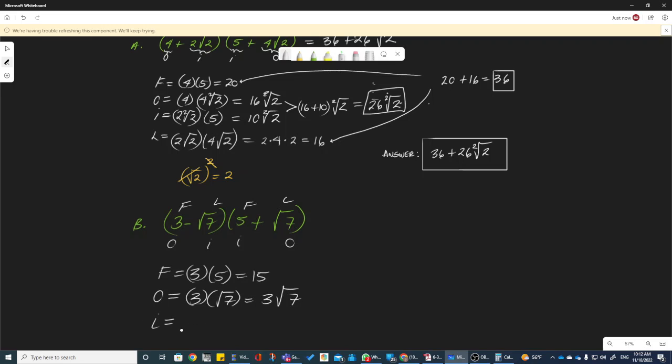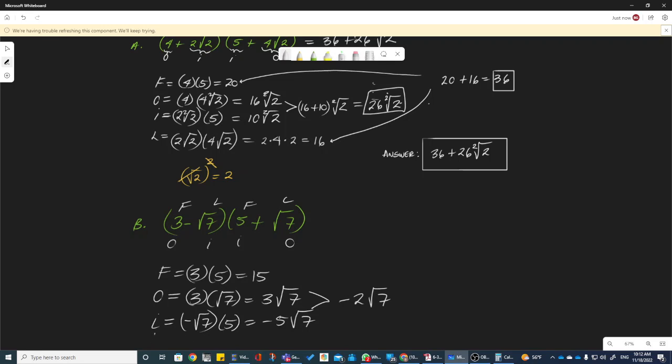The inner is equal to negative the square root of 7 times 5, and that is equal to negative 5 square root of 7, okay? When you combine these two, this is equal to negative 2 square root of 7.